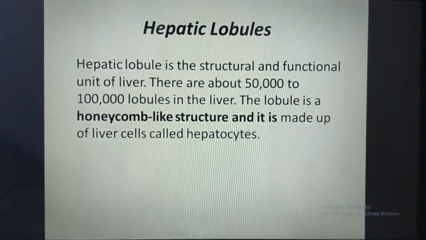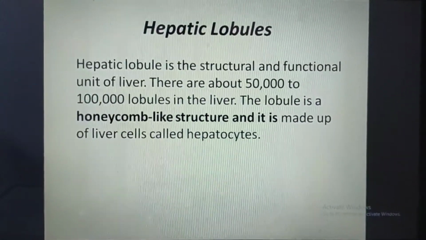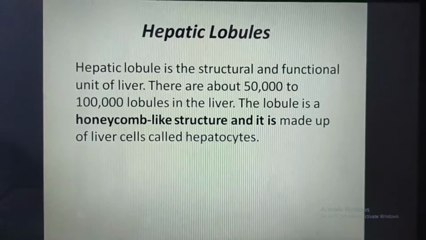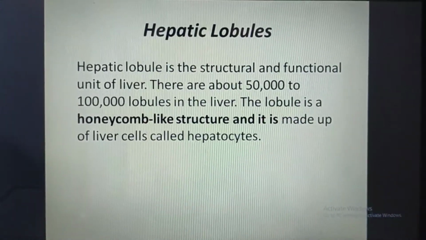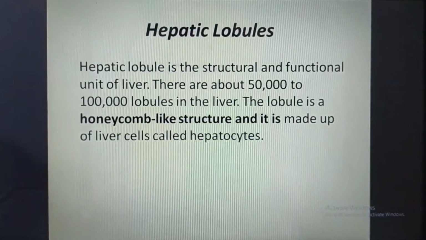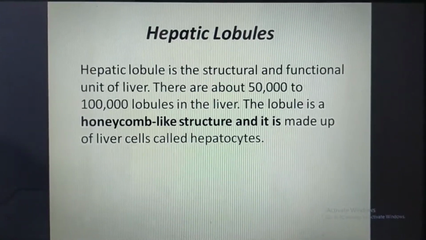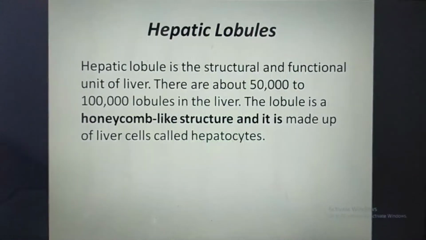Hepatic lobules. Hepatic lobules are the structural and functional unit of liver. There are about 50,000 to 1 lakh lobules in the liver. The lobule is a honeycomb-like structure and it is made up of liver cells called the hepatocytes.